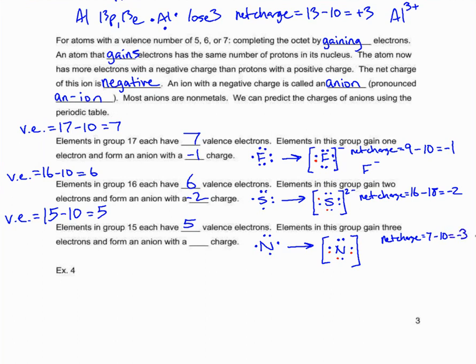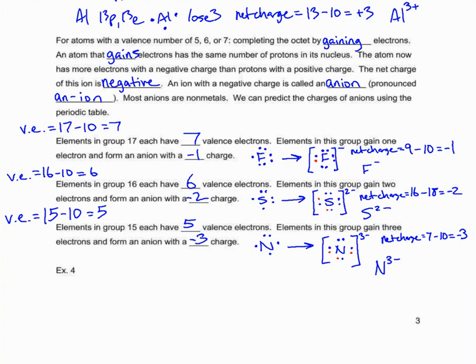And so it has a -3 charge. And so this electron dot structure that shows the complete octet is surrounded by brackets and the charge of the ion. And so we end up with nitrogen 3 minus. Right, and the same with sulfur too. So elements in group 15 will gain 3 electrons and form an ion with a -3 charge.